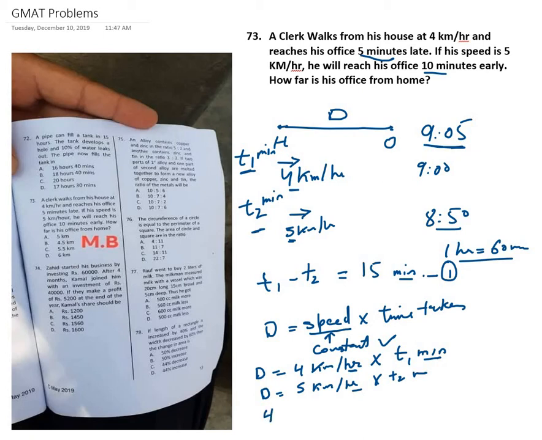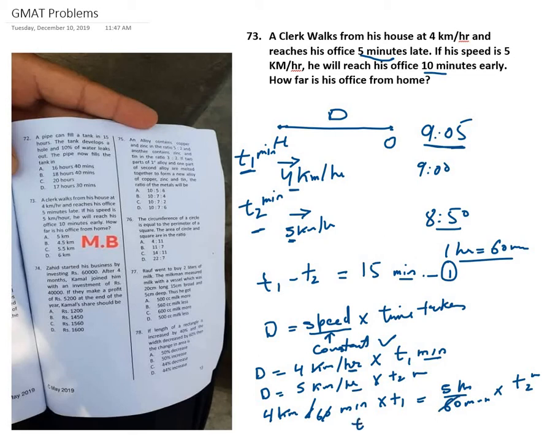So basically 4 km divided by 60 minutes into t1 is equal to 5 km divided by 60 minutes into t2. The 60 gets cancelled out.